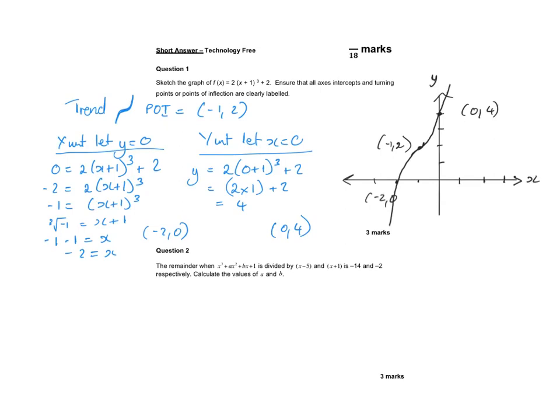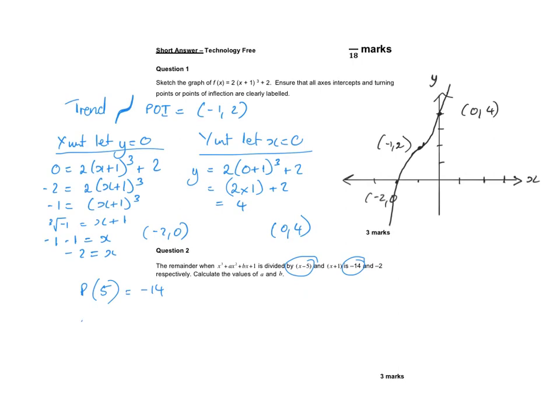We know that when this polynomial is divided by x minus 5, the remainder is -14. So p(5), remember it's always the opposite to what's in the bracket, is equal to -14.